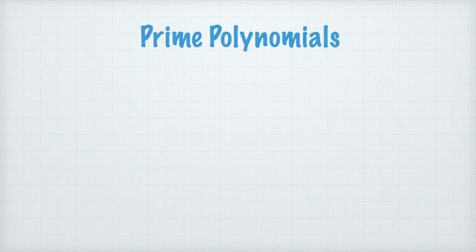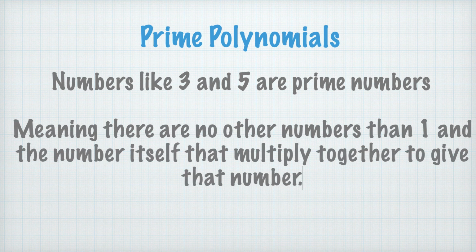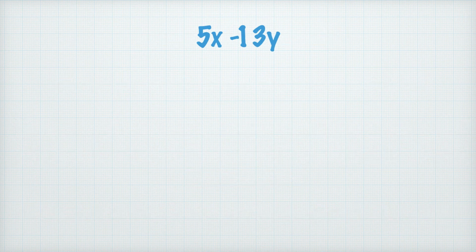All right? So there is such a thing as prime polynomials. We have prime numbers. Remember, a prime number like 3, 5, 7 can only be divided by 1 and itself. Well, prime polynomials can only be divided by 1 and themselves. If I look here, I have 5x minus 13y.